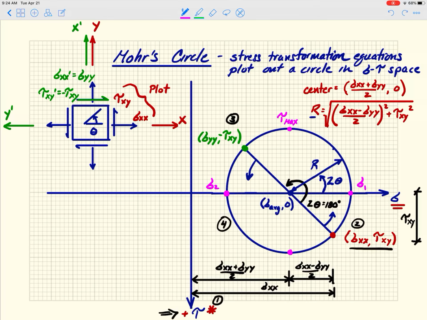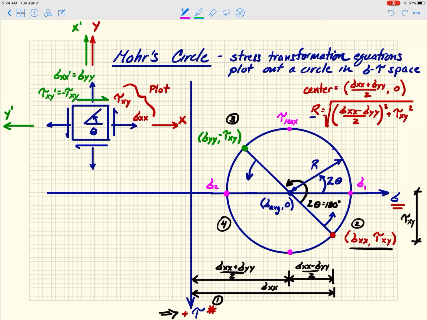Okay, and then the way to plot this is you start by recognizing, again, that the shear stress is positive downward. Then you plot sigma xx, tau xy. Those would be the stresses on the x face. Then you plot sigma yy, minus tau xy.